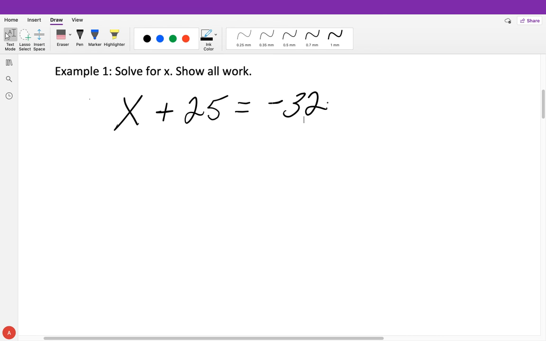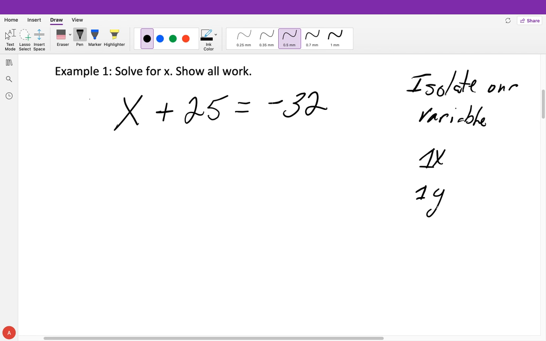All right, in order for us to solve for this, we need to do what's called isolate our variable. What that means is that we're trying to solve our variable to where it is 1x or 1y or 1z. So we're trying to get that variable all by itself.